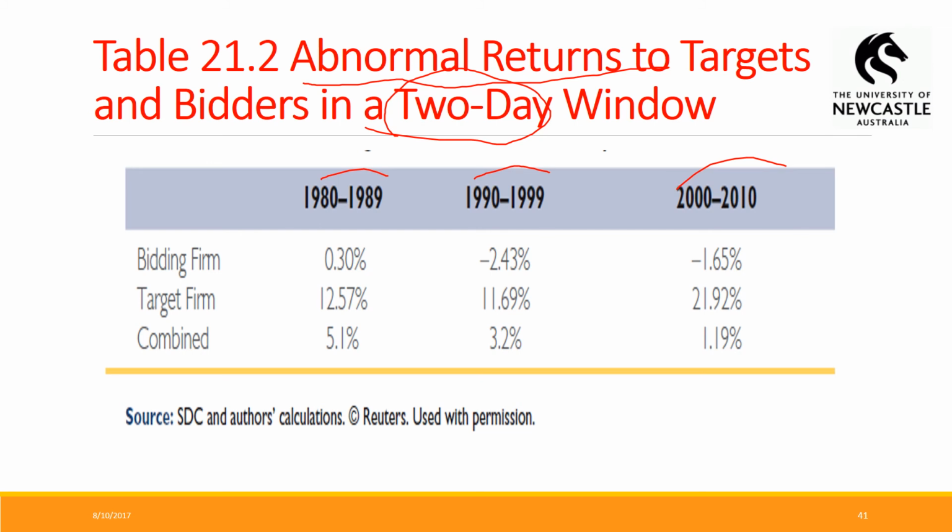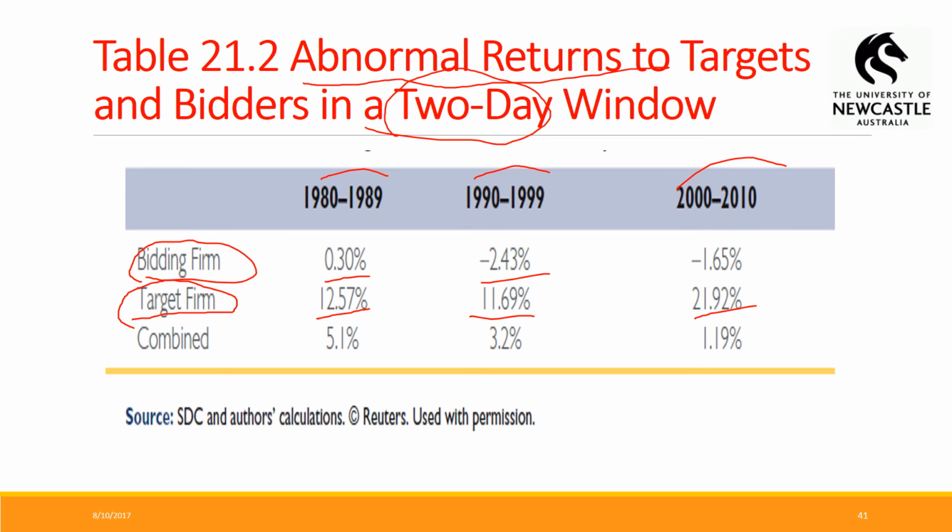So we can see here consistently for the target firm, they earn substantially large positive returns after an M&A transaction. Within 2 days after an M&A transaction, target firm shareholders earn substantially. But when we look at the bidder firm, their shareholders are not doing as well, right?